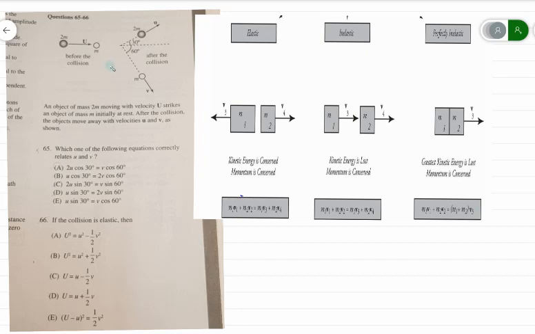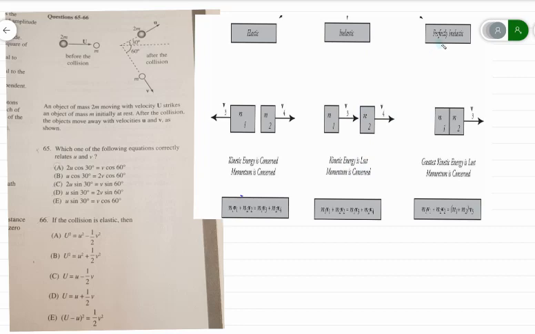Before we discuss this, let's look at the three situations. If the collision is elastic, kinetic energy is conserved, and momentum is also conserved. If inelastic, then some kinetic energy is lost, but momentum is still conserved.